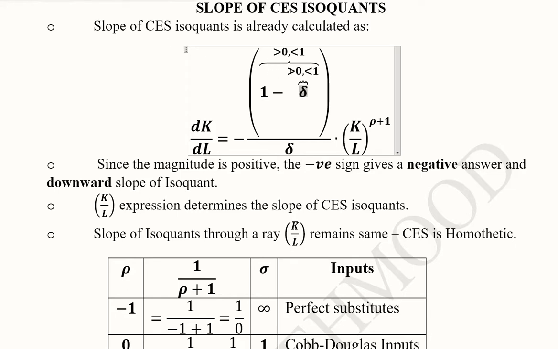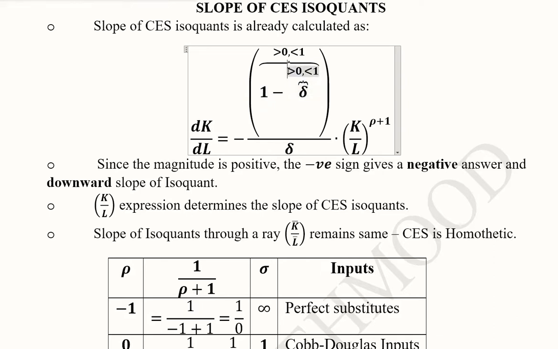Delta is basically a value between 0 and 1, and when we subtract it from 1, it will also be between 0 and 1. For example, if it is 0.4, the answer of 1 minus delta will be 0.6.